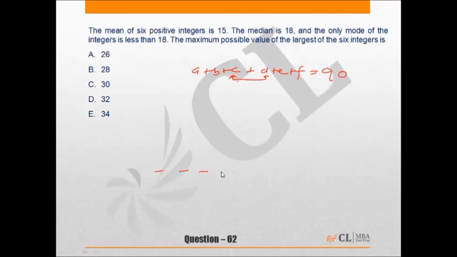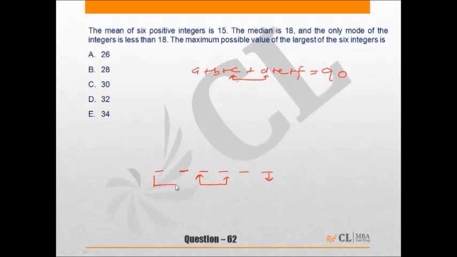If we consider 6 integers by these 6 arrows, then the average of the 2 middlemost integers is 18, and we know that the mode is less than 18, so neither of these two terms should be considered as the mode, because we have to maximize the value of the highest term.